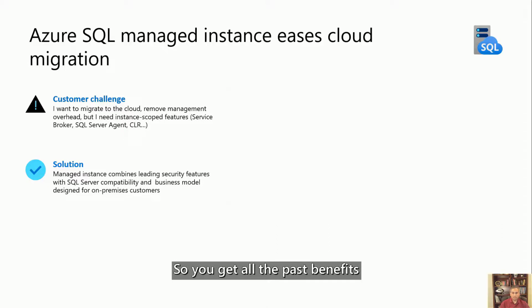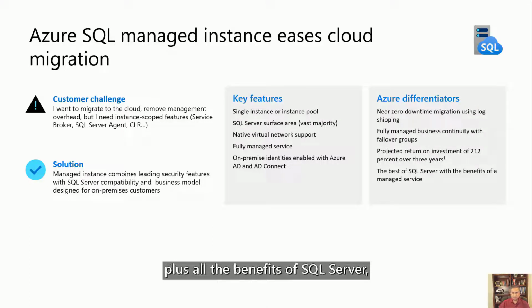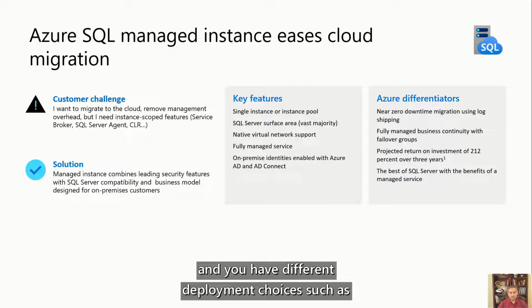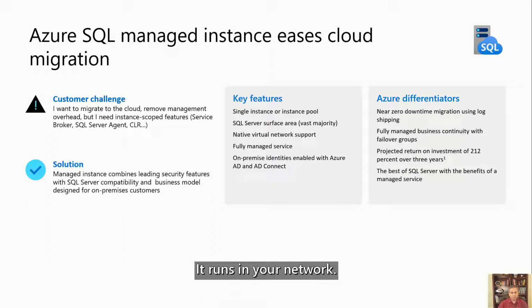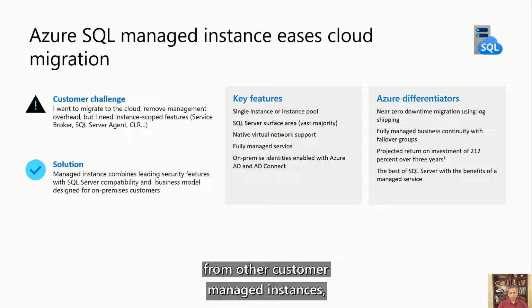So you get all the PaaS benefits plus all the benefits of SQL Server, and you have different deployment choices such as a single managed instance or instance pools. It runs in your network, so it's completely secure and isolated from other customers' managed instances.